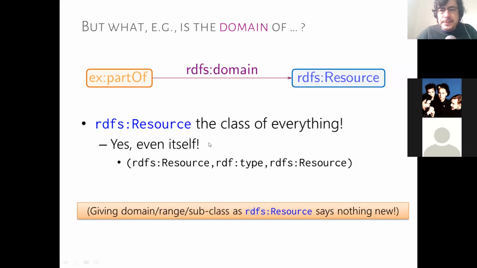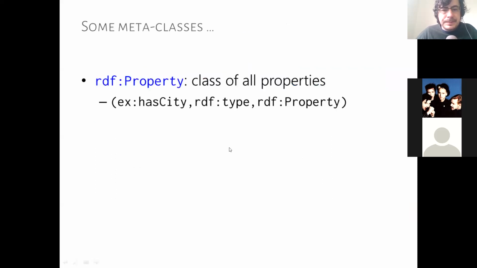Okay, so let's continue. We have RDFS resource, which is the class of everything. We have a couple of other what we would call meta classes. These are not things that describe buildings or movies, but rather meta concepts used within the RDFS standard itself.